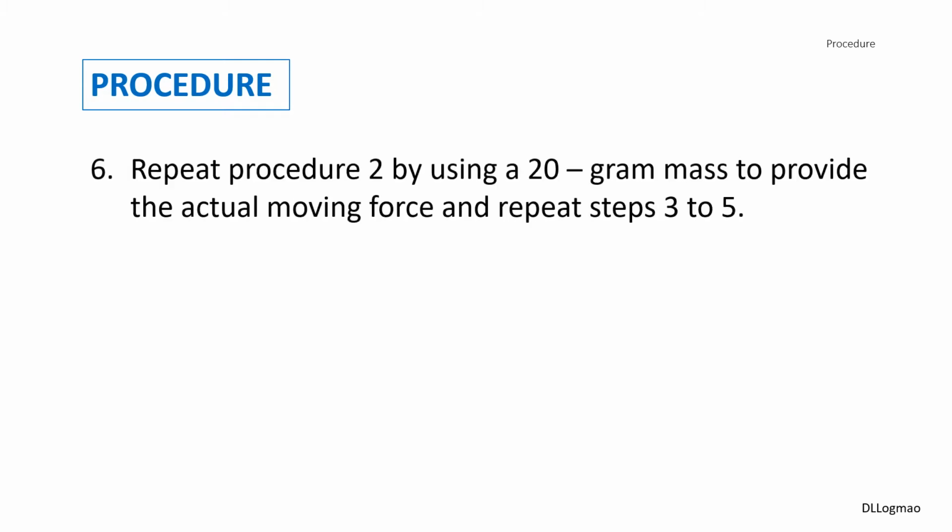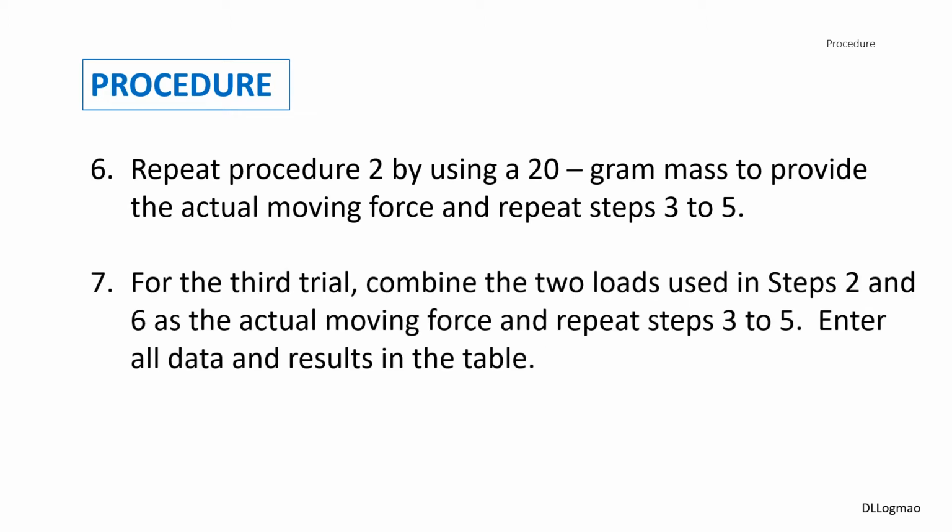Repeat procedure 2 by using a 20-gram mass to provide the actual moving force, and repeat steps 3 to 5. For the third trial, combine the two loads used in steps 2 and 6 as the actual moving force and repeat steps 3 to 5.